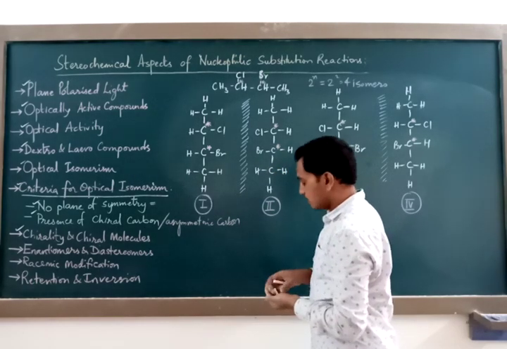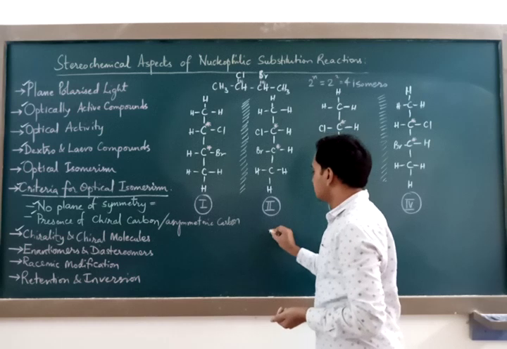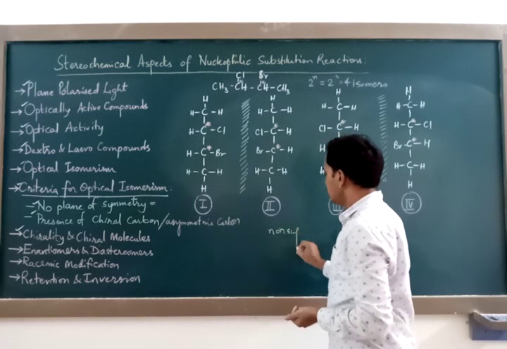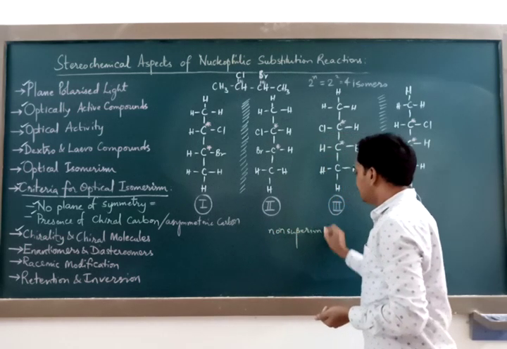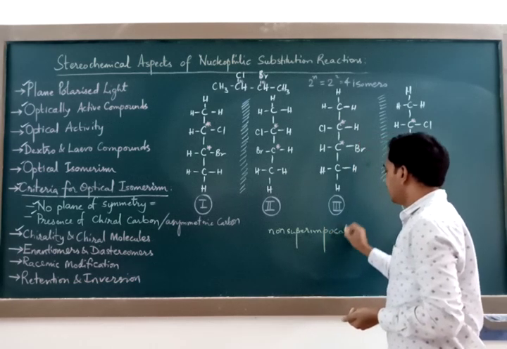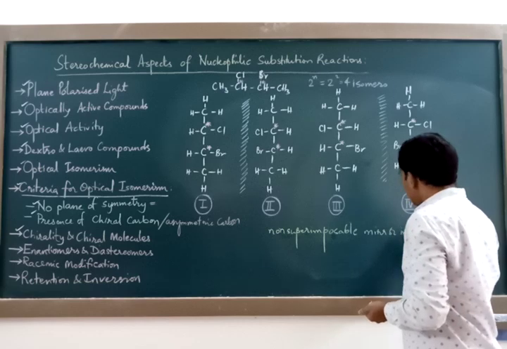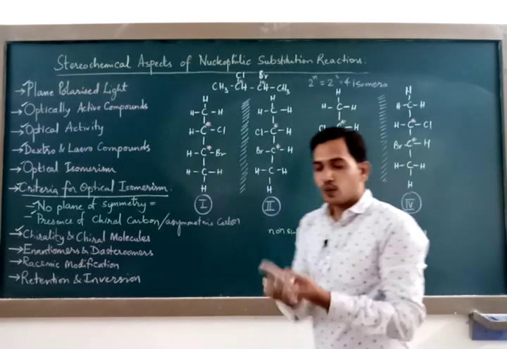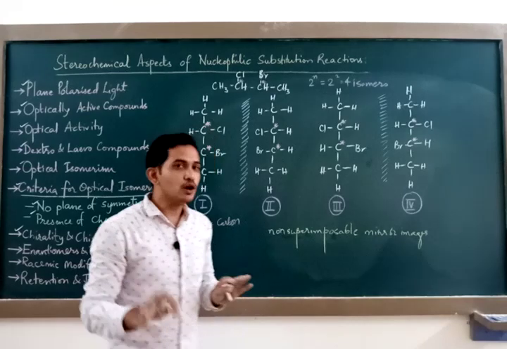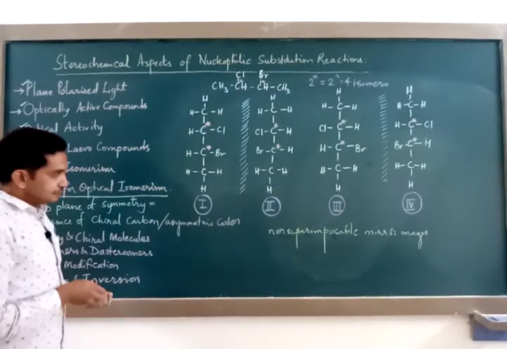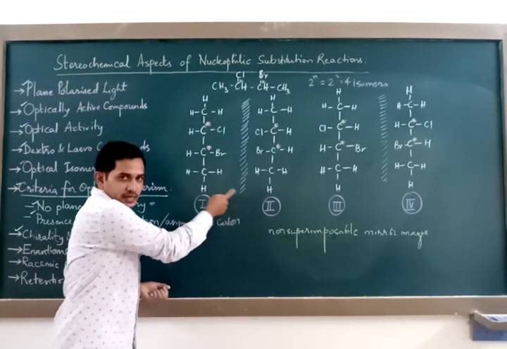So they are called non-superimposable mirror images. They are mirror images. Are they able to overlap each other? No. They are non-superimposable. So, are they optically active? Yes.